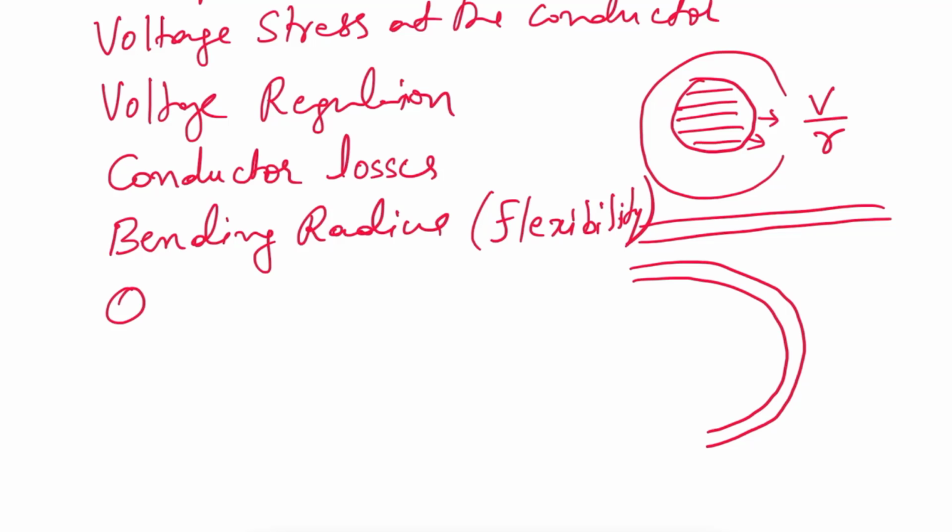Then overall economics. Overall economics means, for example, aluminum is cheaper than copper. If all other factors are not so important, then we may choose aluminum to reduce the cost, etc. So this also influences the design of a conductor.